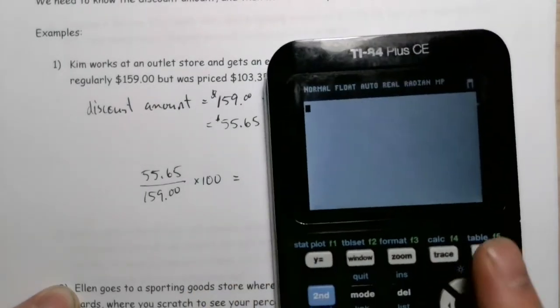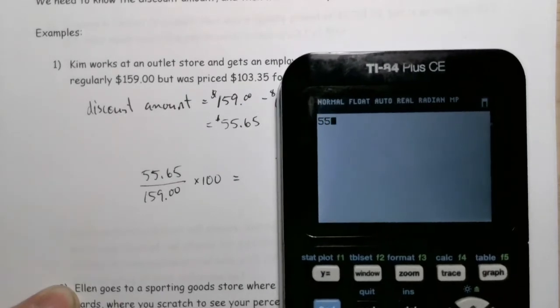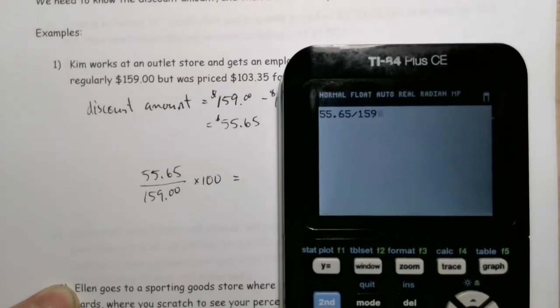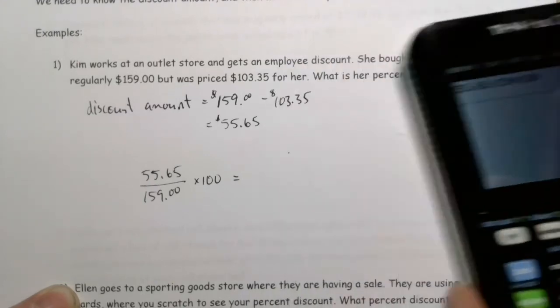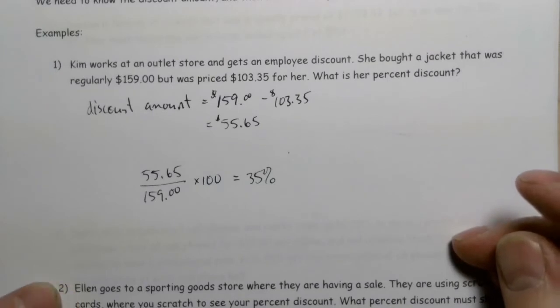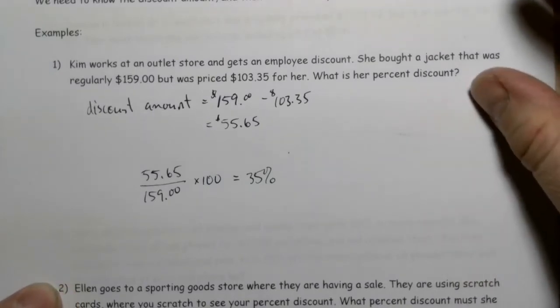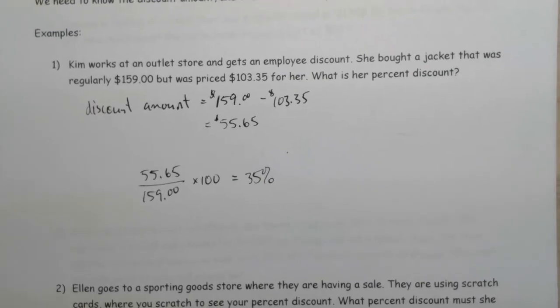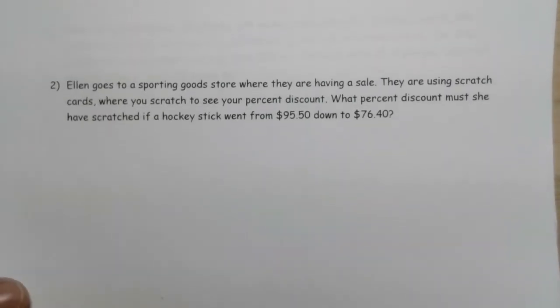I'll do the whole thing on my calculator: 55.65 divided by 159, multiplied by 100. And that's 35%. So she got a 35% discount on her shopping because she's an employee. Let's take a look at another one.